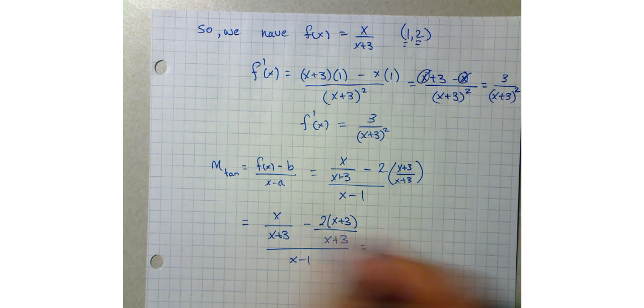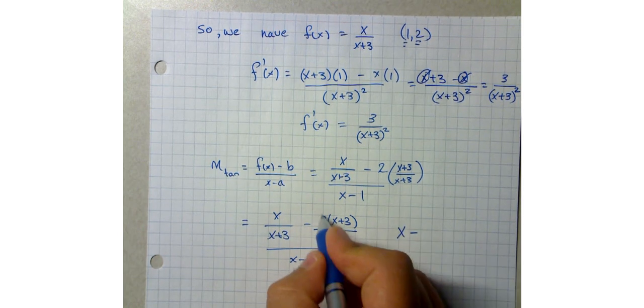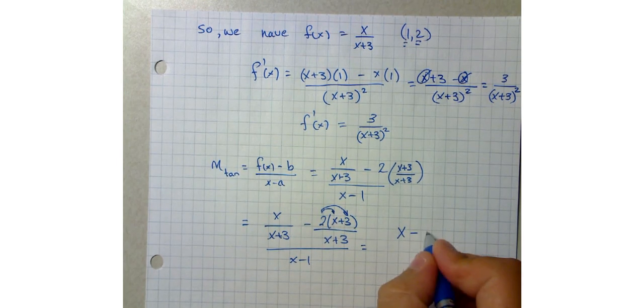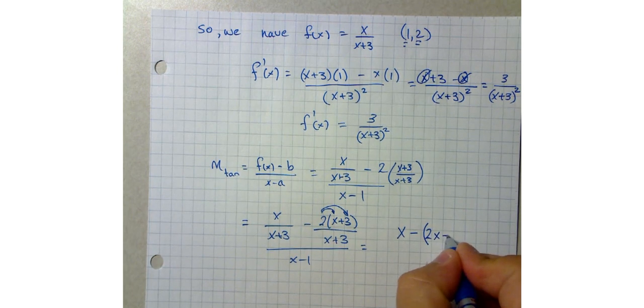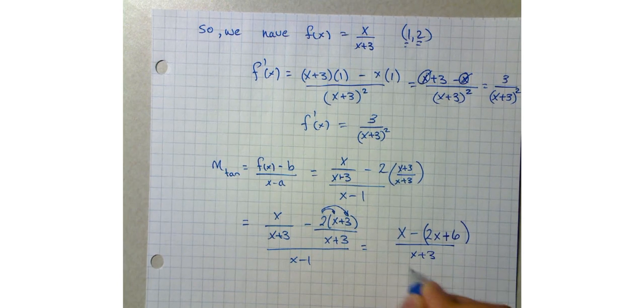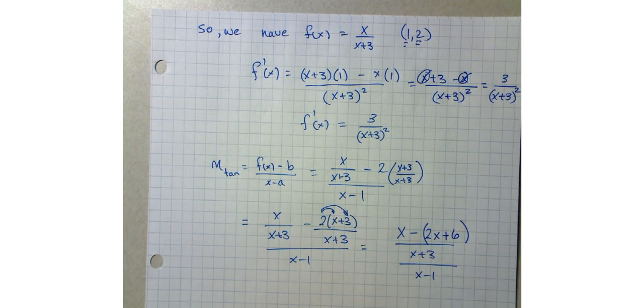Combine the denominators. I have x minus, let's expand this out, give the 2 to both terms. This is minus 2x, keep the parentheses, plus 6, all over (x plus 3), all over (x minus 1).